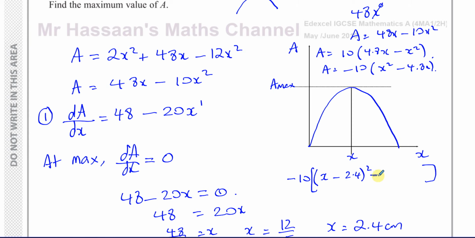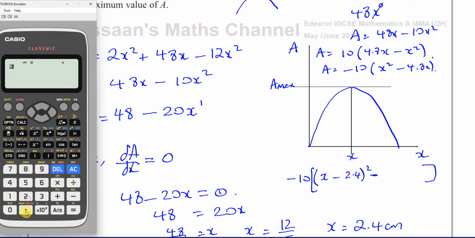We're going to have minus the square of 2.4. So we're going to take 2.4 and square it. That gives us 144 over 25.